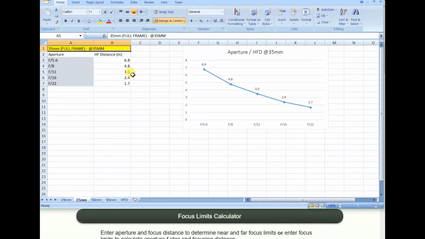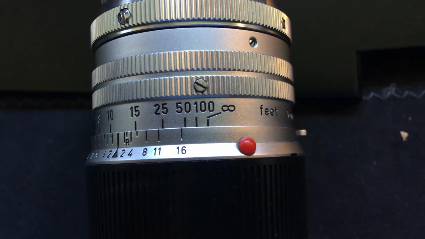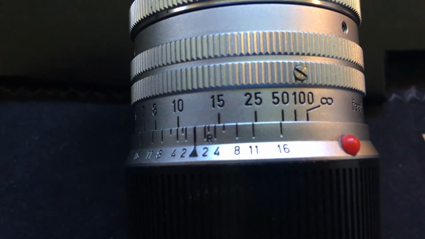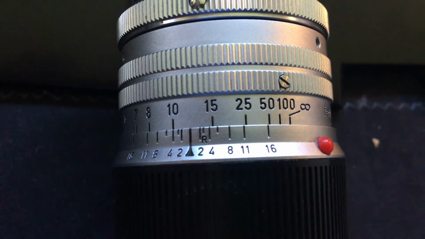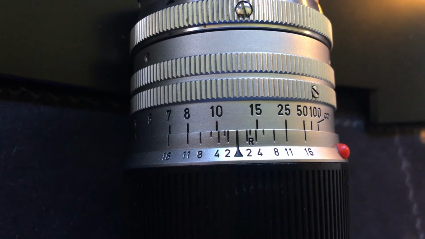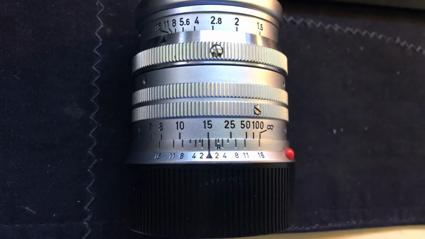Now, on the older lenses, you can see the distances are marked quite clearly. You've even got a hyperfocal scale there. So you've got 16, 16, 11, 11, 8, 8. And they're your nearest and furthest away sharp subject, basically.